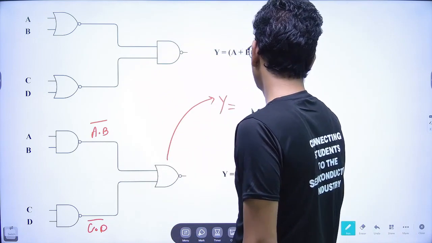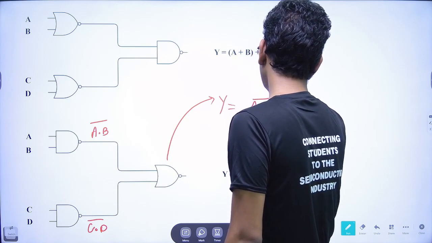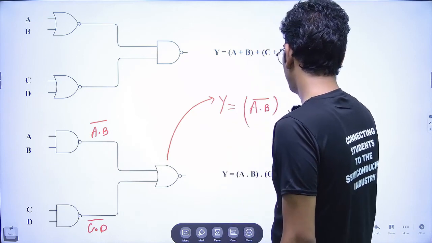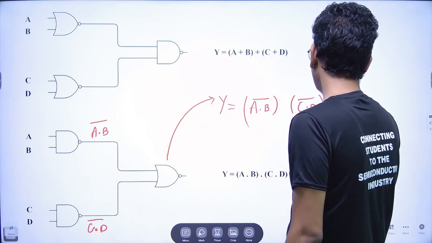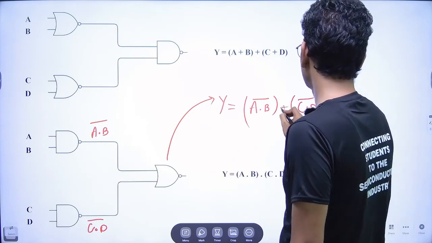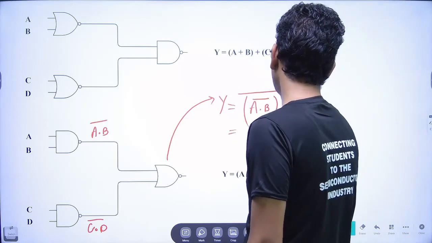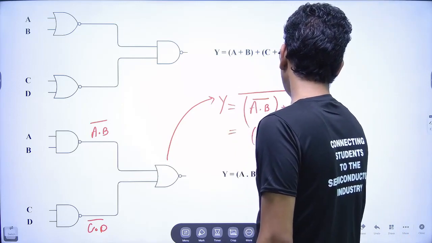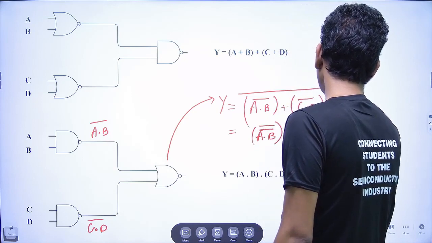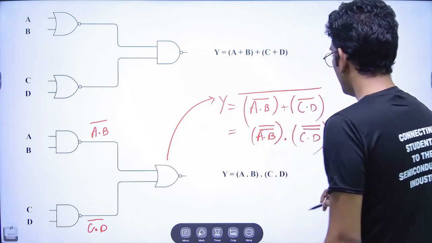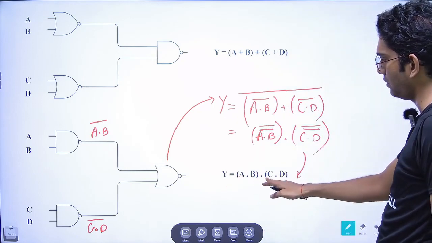Y is equal to (A dot B) bar and another input is (C dot D) bar, now whole bar. Fine. Now when we further solve, it will become (A dot B) complement converted into dot, (C dot D) complement. Fine. Now this would give this final expression. Y is equal to A dot B dot C dot D.